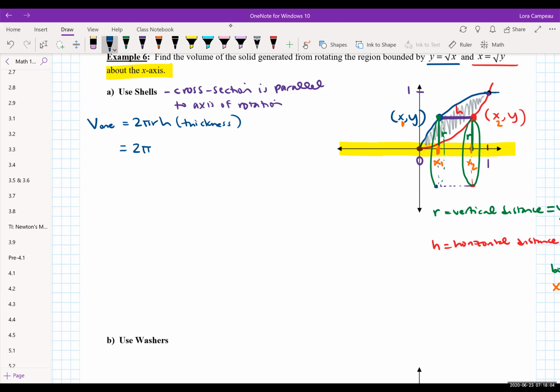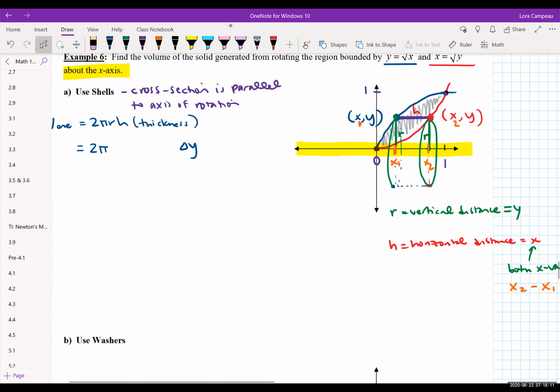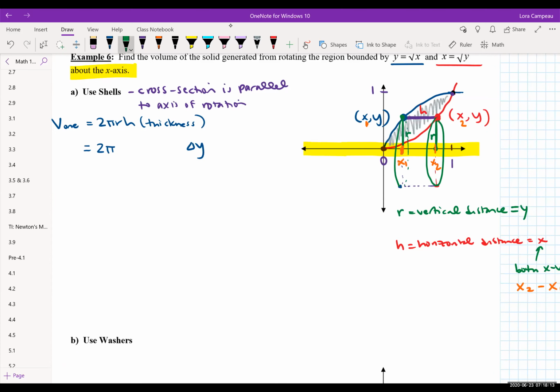So our thickness is delta y. It's nice to get situated. Now you can go back to your mapping. Whoever you called r in both cases was the y value. So we can say, okay, no problem. That's y.